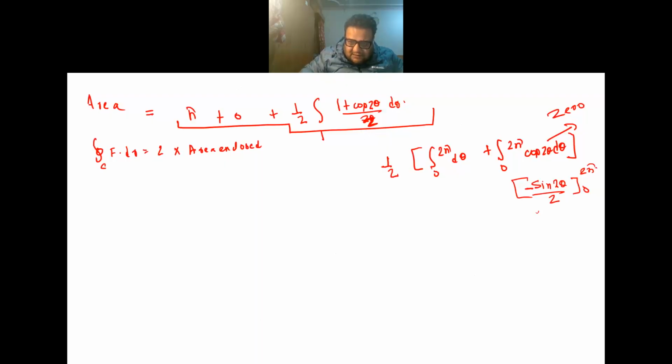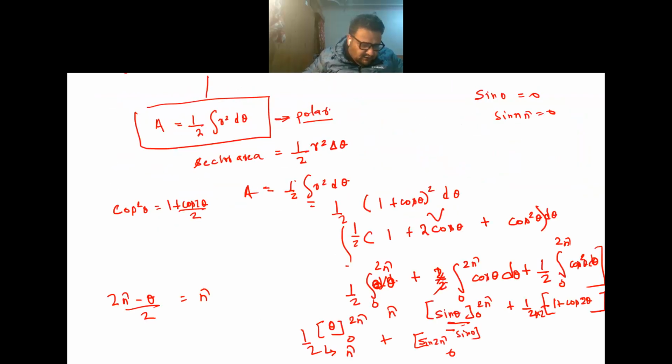So what are we remaining with? We're just left with this term. This will again be 2 pi divided by 2, correct? 2 pi minus 0, right? So this value is again coming as pi, correct? So what are we left with? Sine 2 pi term also 0. And if you look at the first term, the first term 1 d theta, that was equal to 2 pi, right?